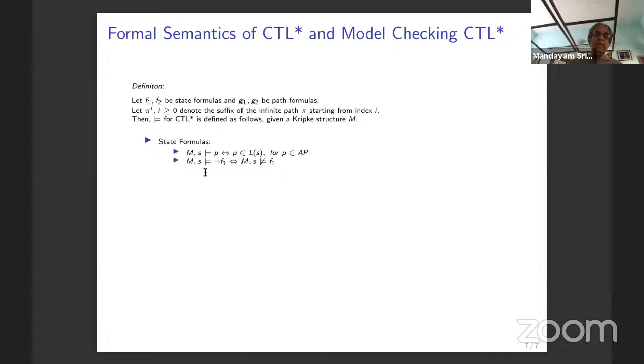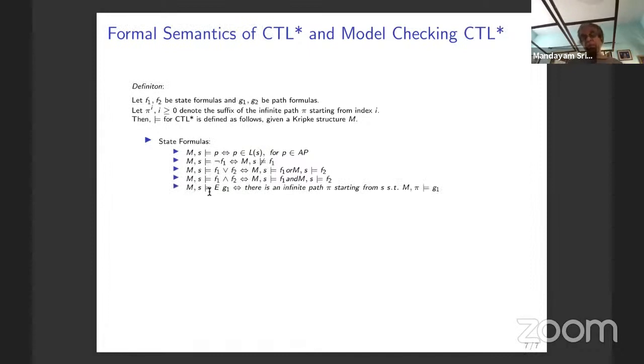Then negation and or are defined as per the standard meaning of the logical connectives. So not F1 is true in a state of a model M if F1 is not true for the same state, and similarly for or and and.